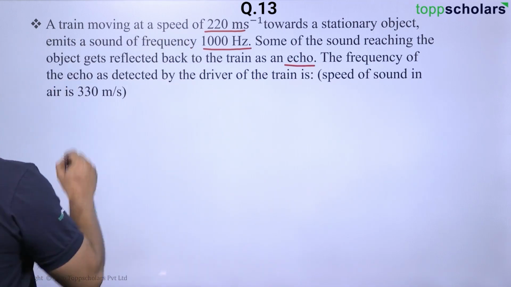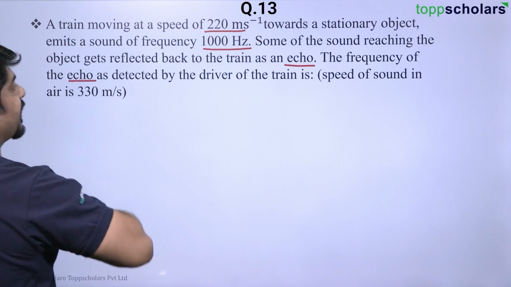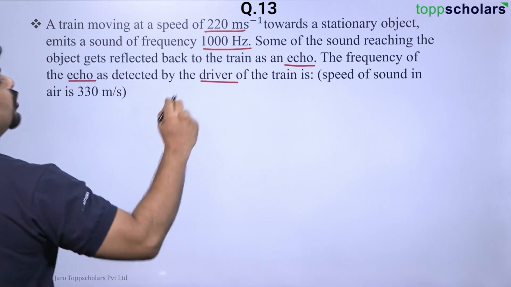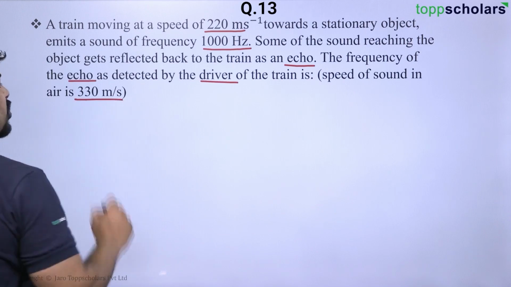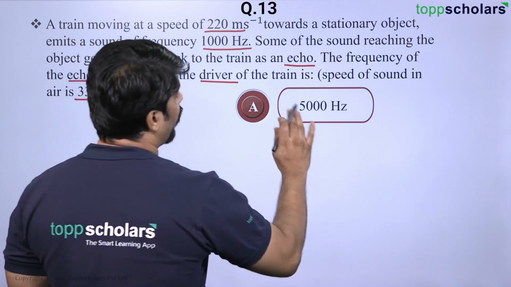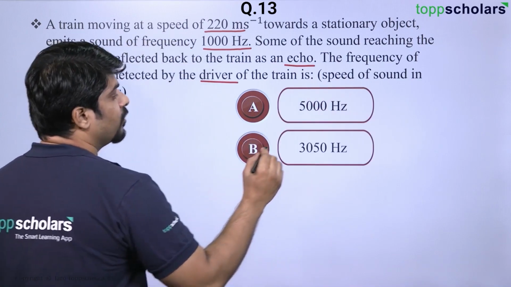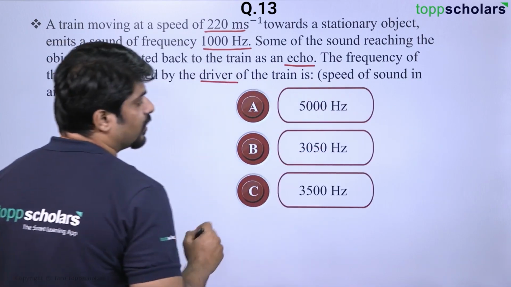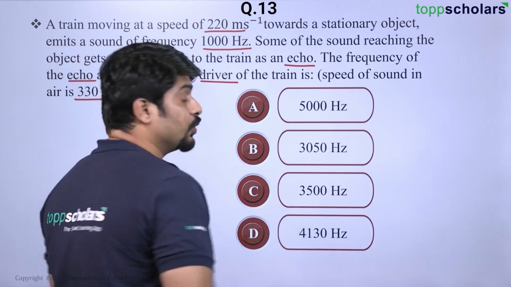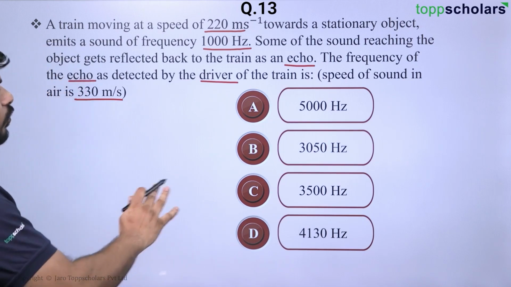The frequency of the echo as detected by the driver of the train is what? Speed of the sound in air is 330 meters per second. So, it is given. Options are 5000 hertz, 3050 hertz, then 3500 hertz and then 4130 hertz. So, this is what we have to find out.